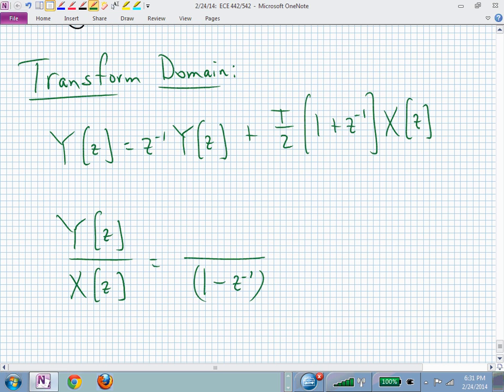And that's this T over 2, 1 plus z to the minus 1. Or if we multiply by 1 again, which is z over z, we now have T over 2, z plus 1 over z minus 1. And maybe you'll see this T over 2 pulled out front.